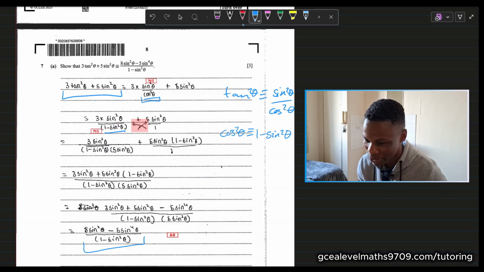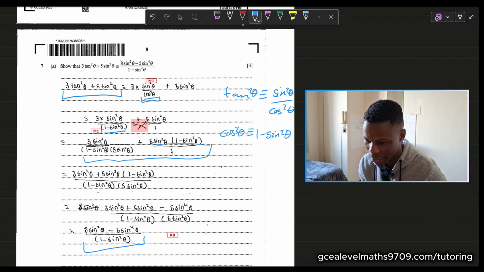Okay, so somehow we ended up here, and then we've got 3 sine squared theta plus 5 sine squared theta multiplied by that. Okay. And this is all divided by 1 minus sine squared theta times 5 sine squared theta.